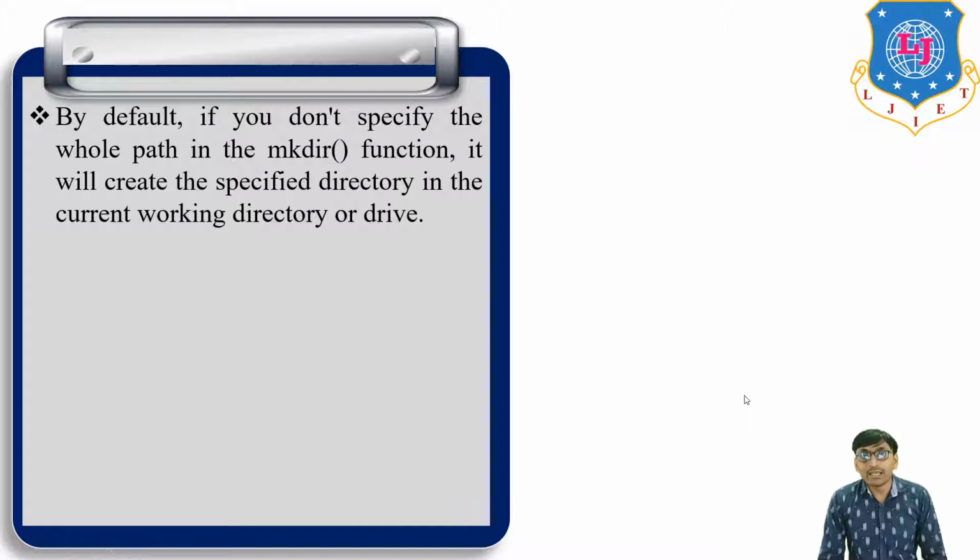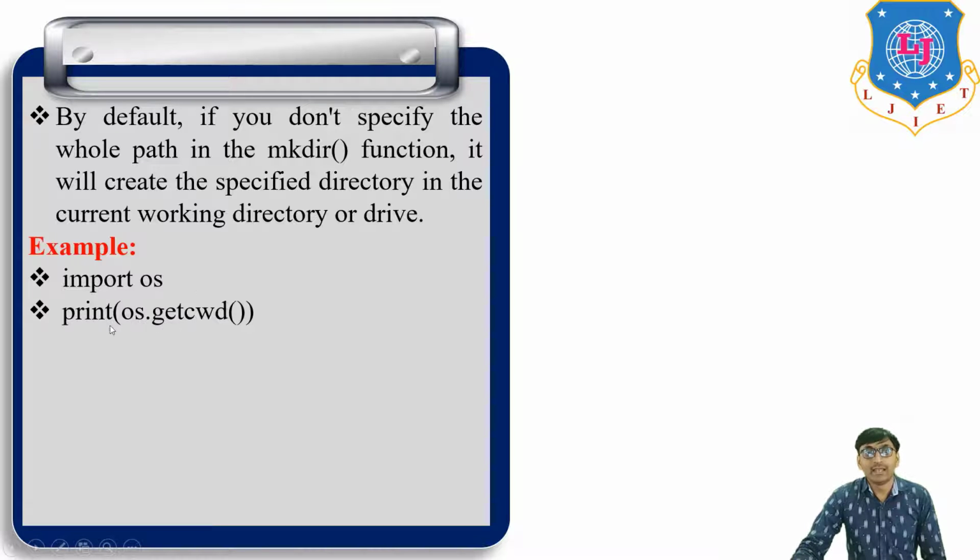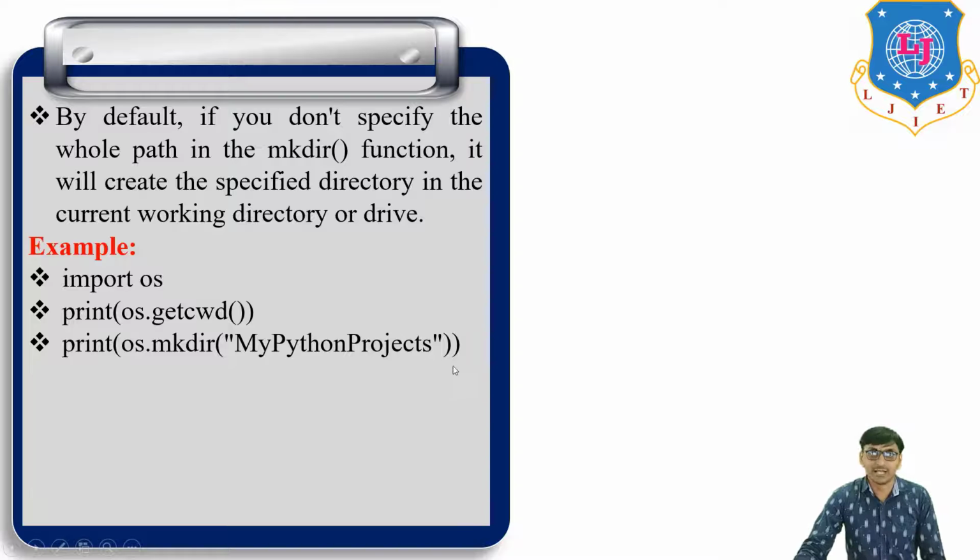By default, if you don't specify the whole path in the mkdir function, it will create the specified directory in the current working directory or drive. For example, import os, then print os.getcwd(), then os.mkdir MyPythonProjects.